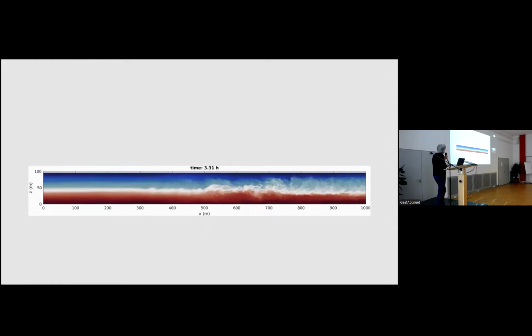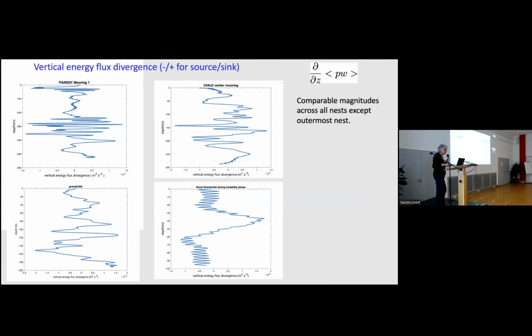So remember that the grid is moving into this region, into the forcing region that doesn't include small scales.